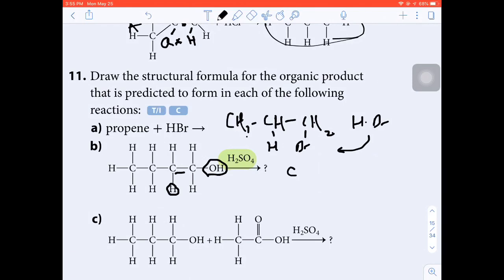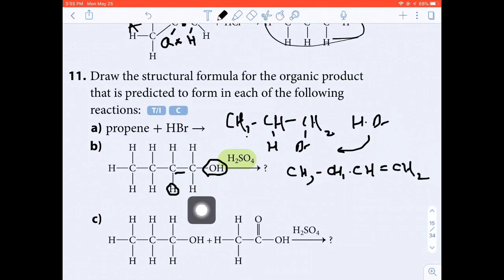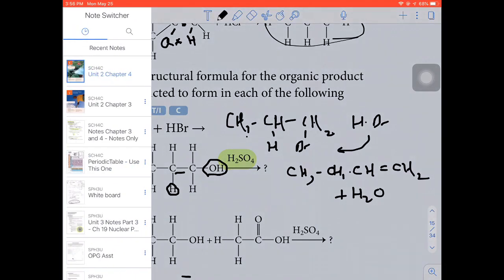So I'm going to end up with CH3, CH2, CH, double bond, CH2. Notice that the carbon over here, CH2, has still got its two hydrogens. It lost the OH. The OH left with the hydrogen. So remember, I also get another product, HOH. So this is an elimination reaction. I had an addition reaction up here, and I have an elimination reaction here.